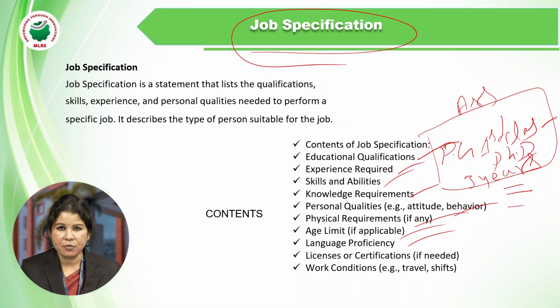If you are writing a job description for any driver or any chemical lab assistant, then these particular licenses and all are required. If it is required, then that will be written in the job specification for each job. It is not written consolidatedly. See, for assistant professor the job description and job specification are different, because the qualifications are different and the duties and responsibilities are different, and for associate professor it is different.